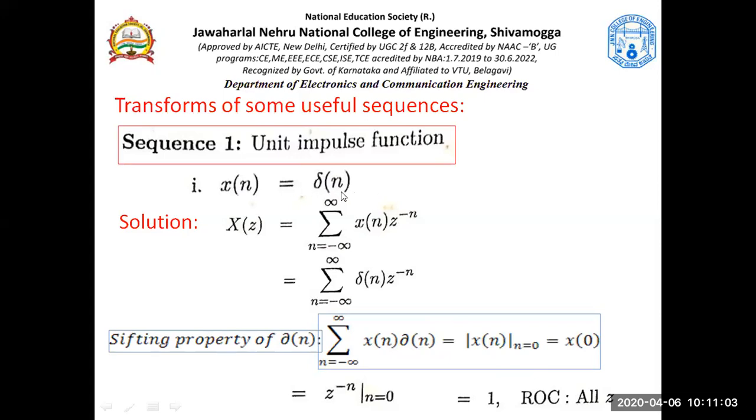So this is one version of delta of n we are seeing. We can even have shifted versions of delta of n. What is that? See here? This is a shifted version of delta of n. Where is this shifted? Delta of n exists at n equal to 0. So that means delta of n minus n naught exists where?